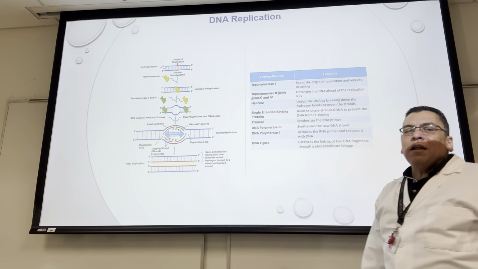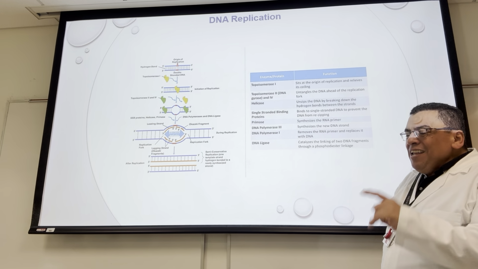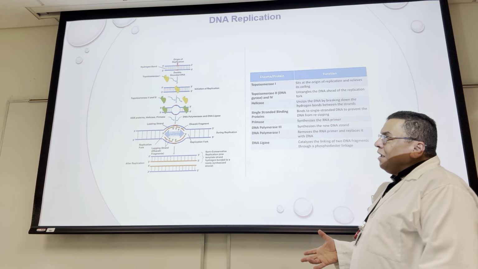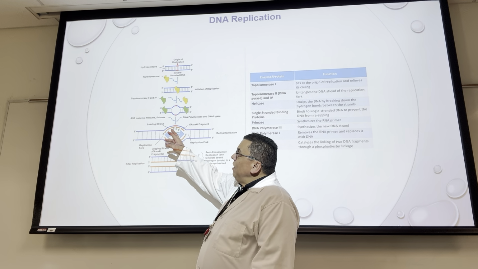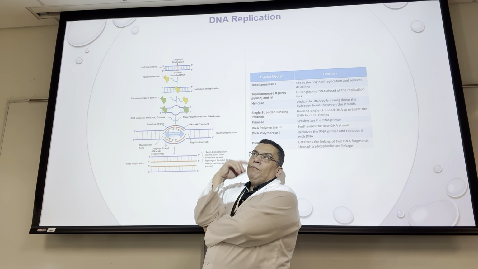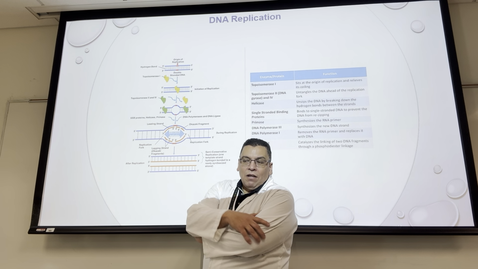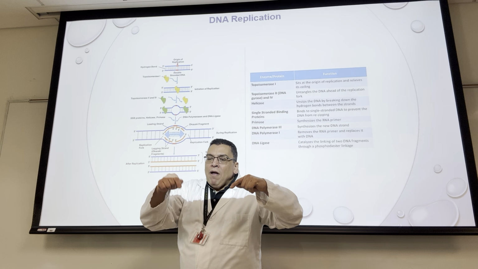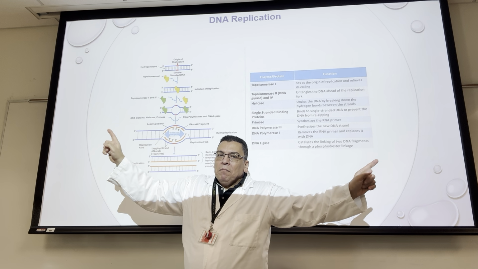Now there's a reason behind it, because DNA replication is bidirectional. You really think this DNA is going to be copied in one direction while the other side waits? I wonder when he's going to finish. No. It's going to do the copying in both directions at the same time.